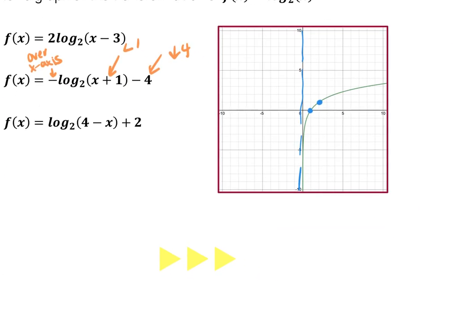Now, what do I do first, the reflection or the move? Because it's vertical, the reflection, which means really flip it upside down first. So I could take my y values and multiply by negative 1, or I could flip it upside down. So it looks like this. Then I would shift it down 4 places. 1, 2, 3, 4. And now I'm here. And the last thing I'm going to do is shift everything to the left 1.